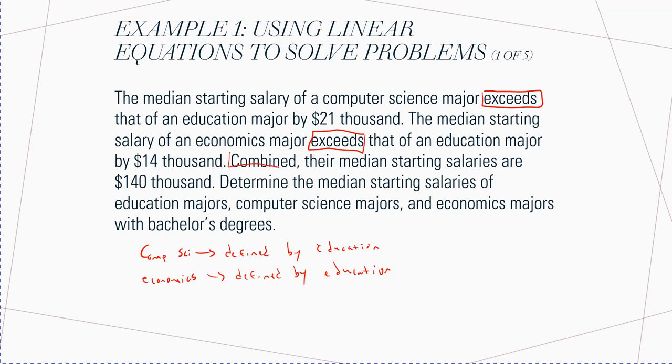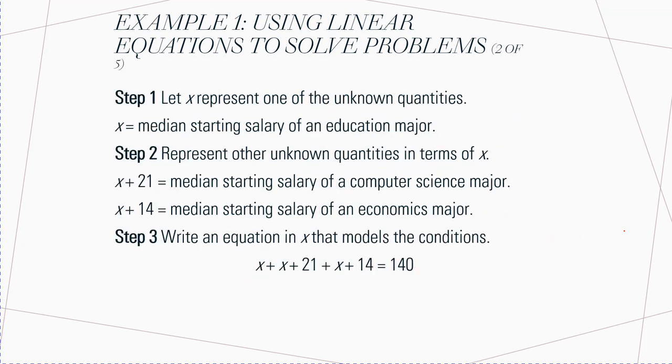Combined, when you combine the salaries of comp sci, economics, and education, their salaries total $140,000. Determine the median starting salary of each: the education majors, the computer science majors, and the economics majors, and this is just with bachelor's degrees. All right, so you're going to go through it like this.